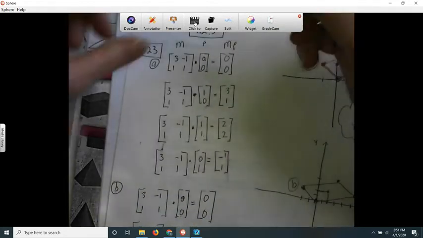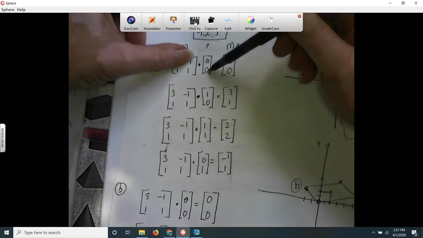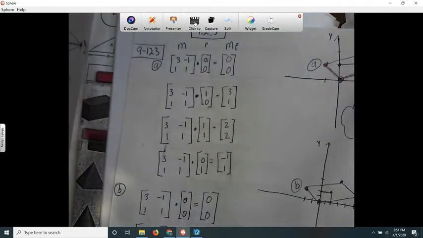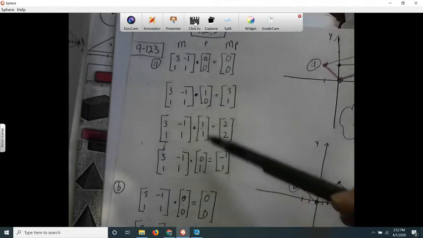I hope that you remember how to multiply. You go -3 times 0 plus -1 times 0 is 0. If you need help with multiplying, please email me and let me know, and I'll send you a video on that. But basically, this is what I got when I multiplied all those four.